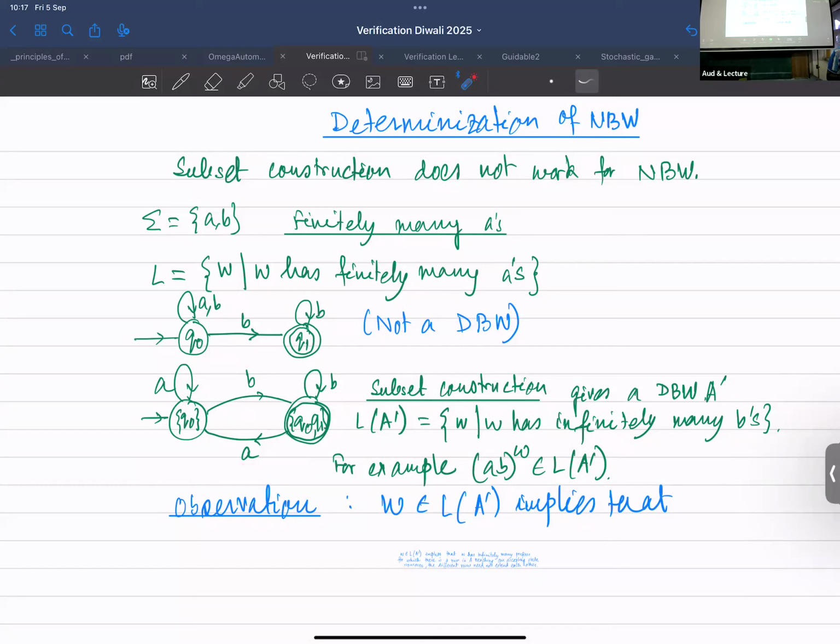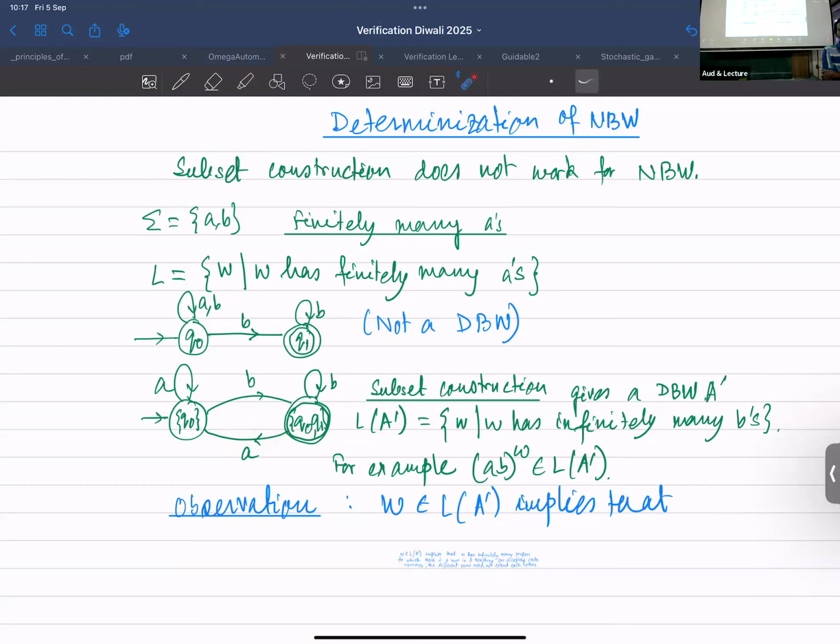You take A, you stay here. You take B, you go to this set, because on B you can be in both Q0 and Q1, and then on A, since from Q1 there is no transition on A, you come back to Q0.